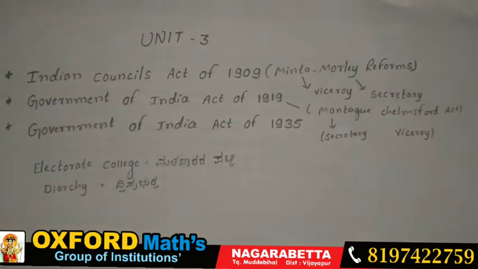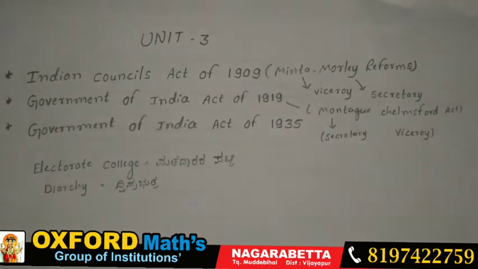Like this, in a regional government there were elected representatives looking after the administration, as well as the nominated body of the British government also looking after the administration at the regional level in India.